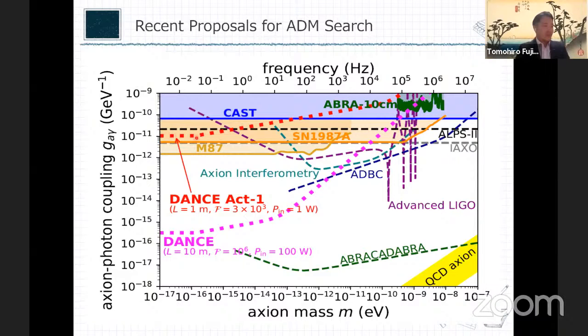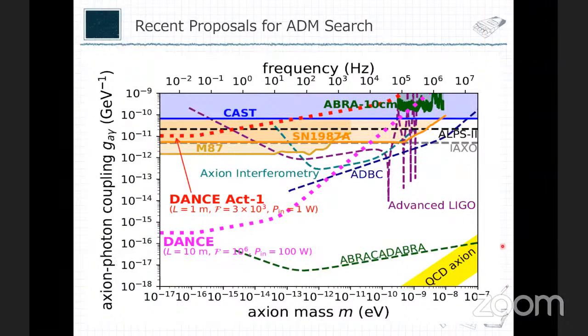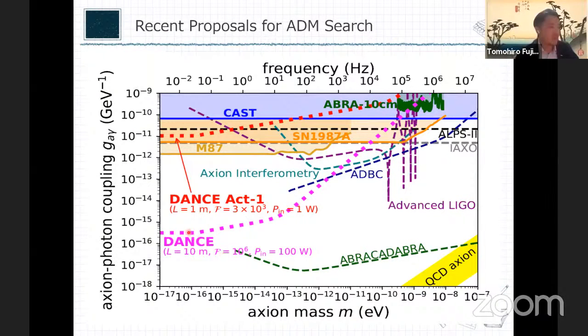Anyway, once we hunt down all the noises and achieve the design sensitivity, we will be ready to make it bigger and achieve this kind of sensitivity. This is a busy plot, but I put everything here. Here's the QCD axion, and this red dashed line is DANCE Act-1, the 1 meter size with cheaper facilities.